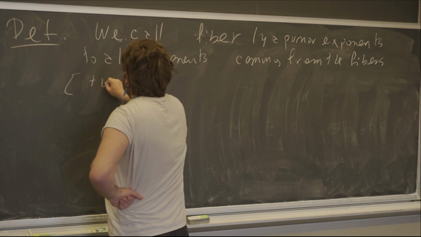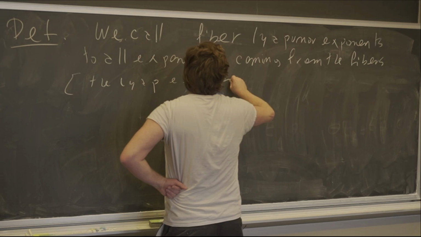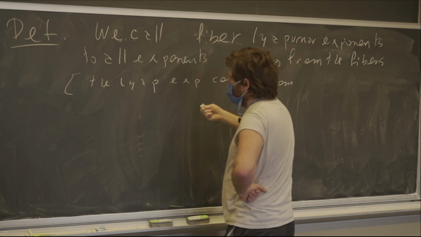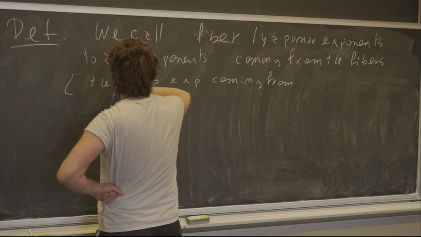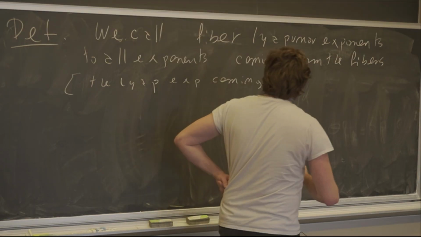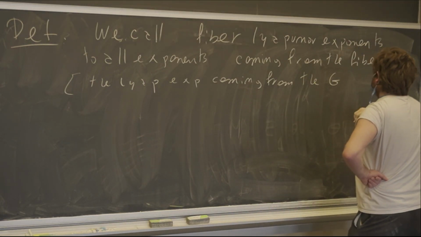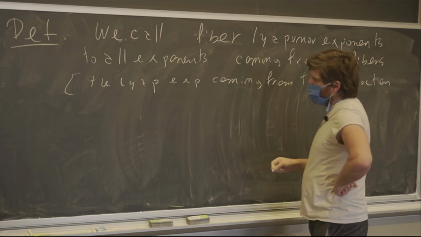So the Lyapunov exponents coming from, so the non-zero, actually they could be zero. So the Lyapunov exponent coming from the G direction are called roots.